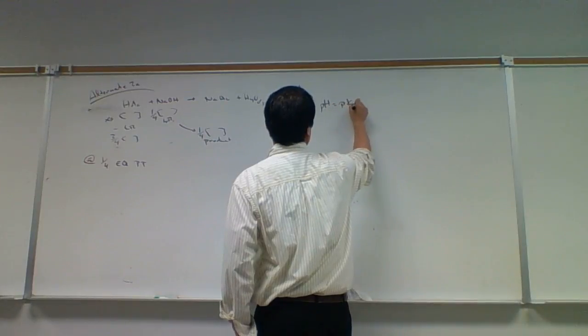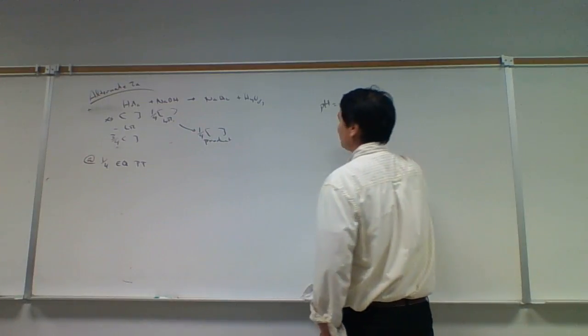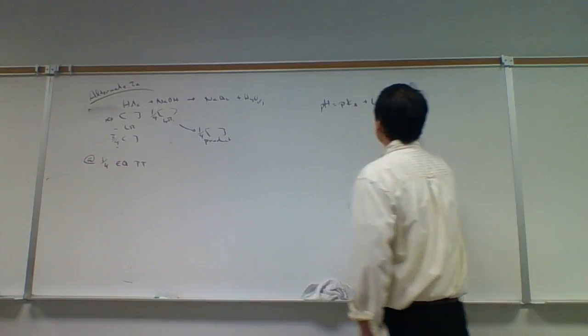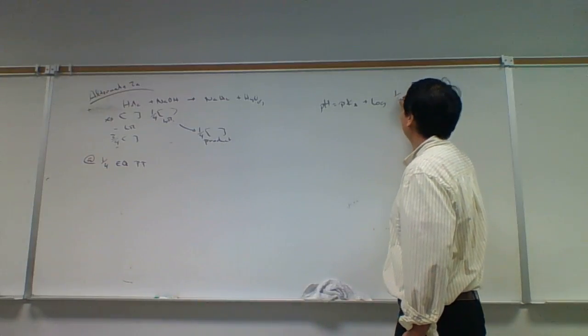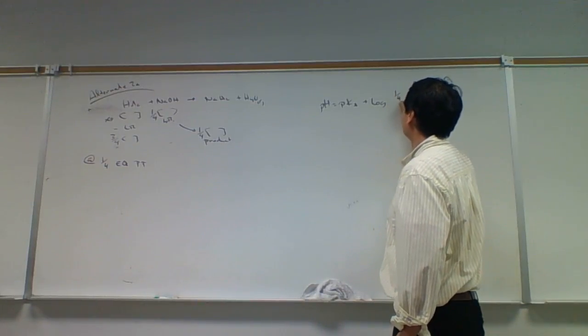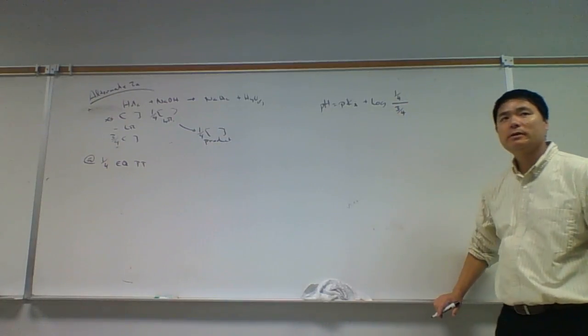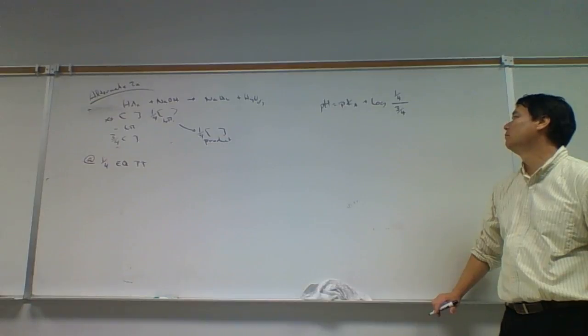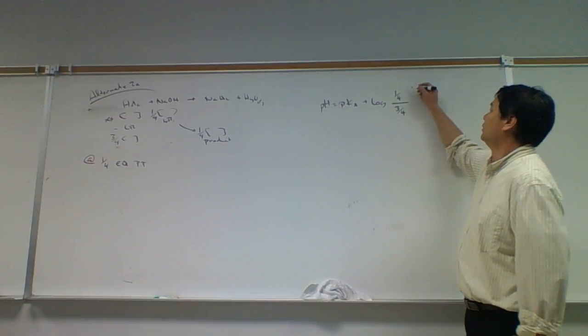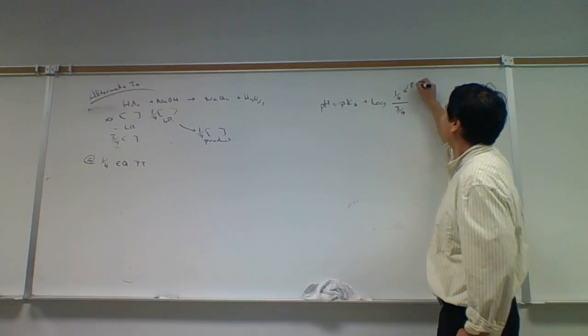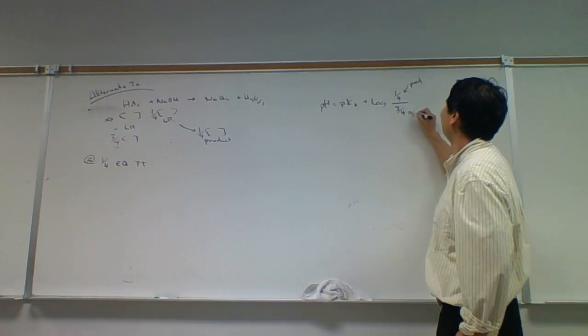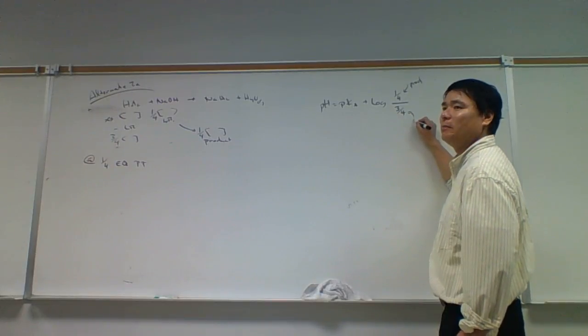The pH is equal to the pKa plus the log. Now what's the ratio going to be at the end? The ratio is going to be 1/4 over 3/4. This is what we call the 1/4 equivalence point. And so 1/4 converted to product, 3/4 left unreacted, remaining.